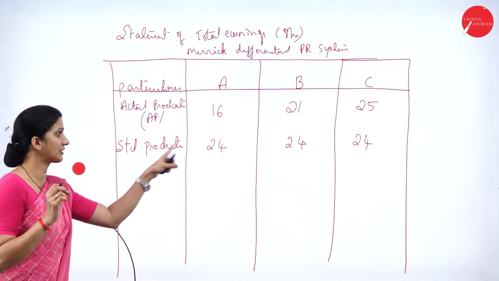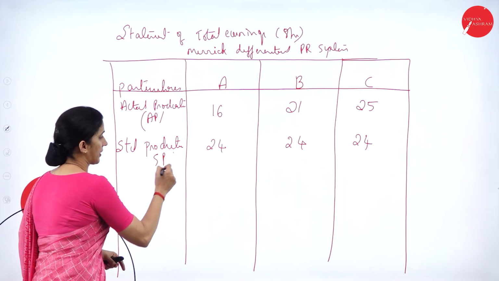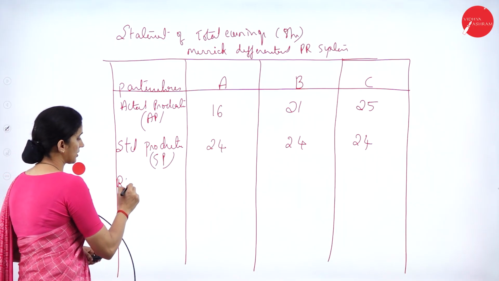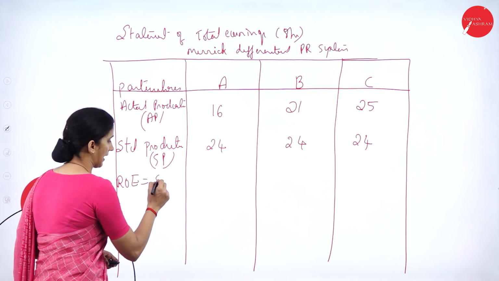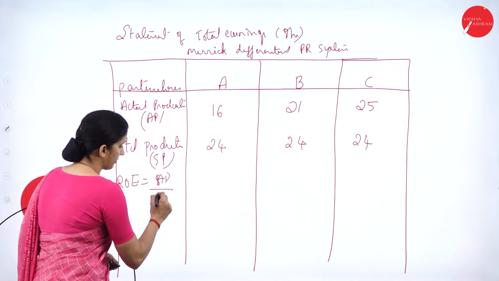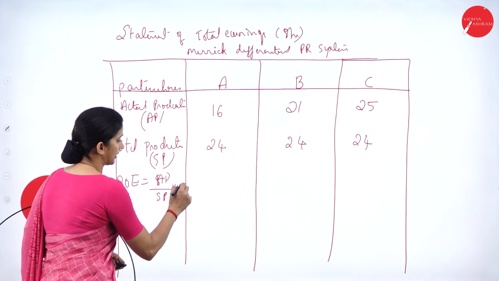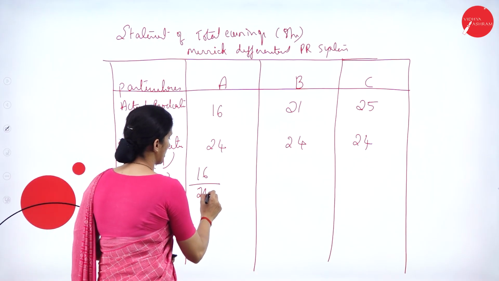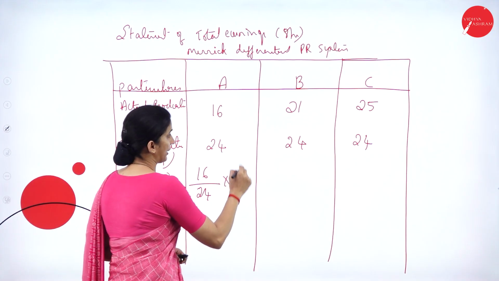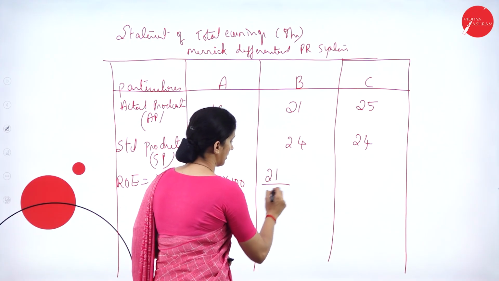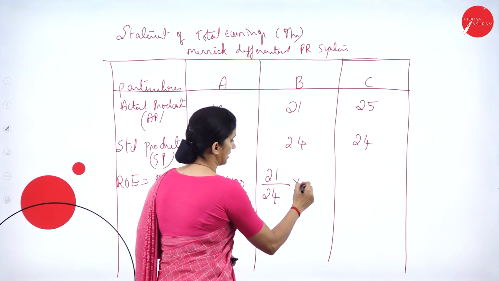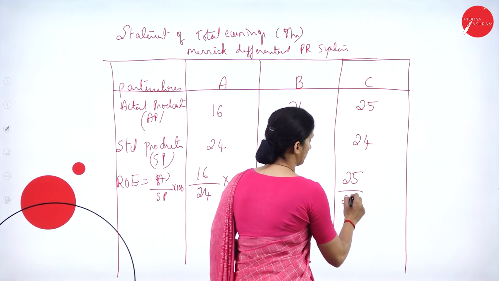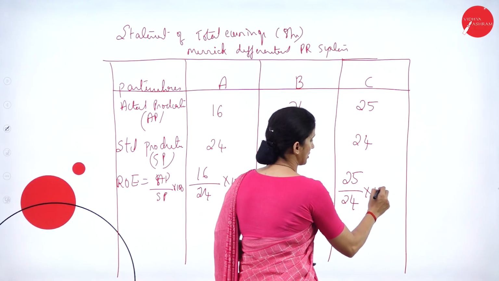So your standard production, that is your SP, is same for all three workers. Then we'll calculate the rate of efficiency, that is AP divided by SP into 100. For A, actual production is 16, standard production is 24 into 100. For B, actual production 21, standard production 24 into 100. Then for C, actual production 25, standard production 24 into 100.